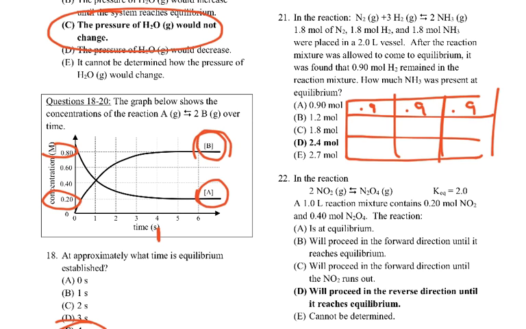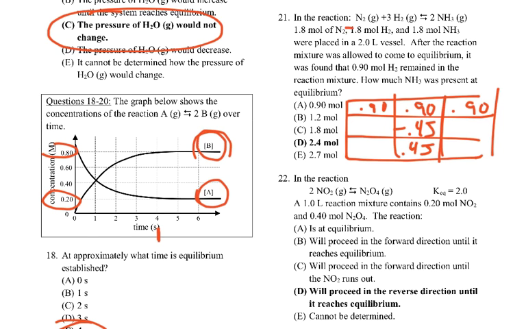Now it says at equilibrium, it's found that 0.9 moles of H2 remained, which is going to be 0.9 divided by 2, so I need to change that. It's not going to be 0.9, it's going to be 0.45. Okay, I'll make these 0.9. What's happening is this middle column is going to change. If I started with 0.9 and I ended up with 0.45, then I must have used up 0.45.